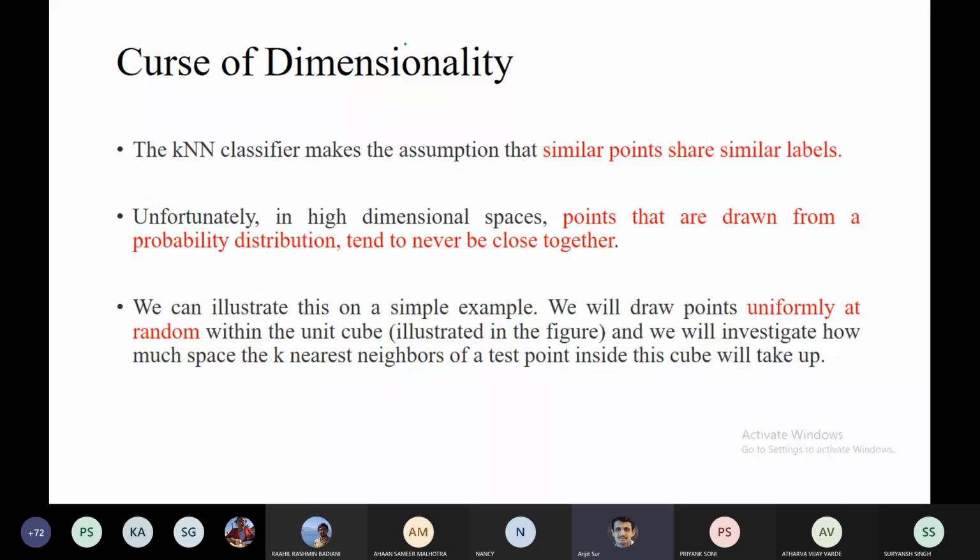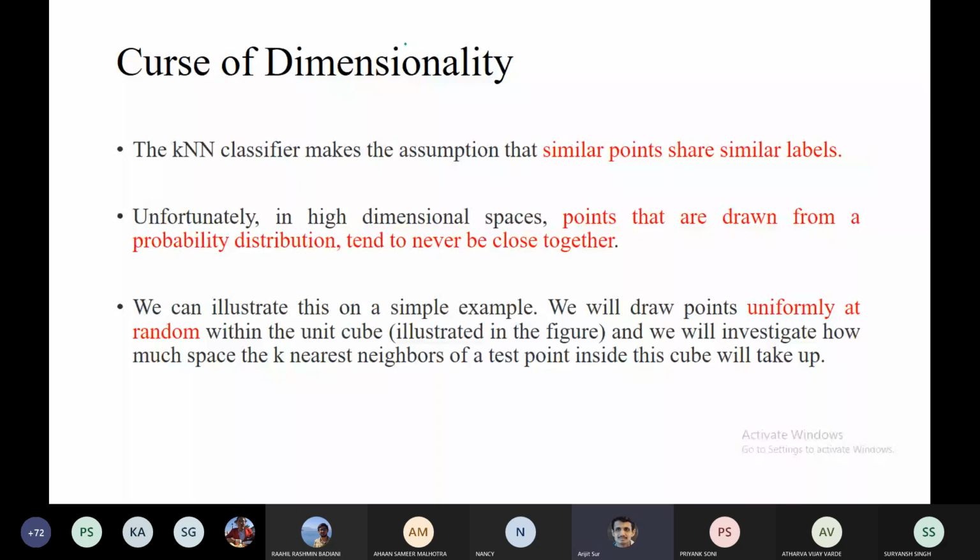That means the points are drawn from a probability distribution, and in a k-NN setting, similar points are clustered together. So the distance between similar points, or points belonging to the same class, is in general less.